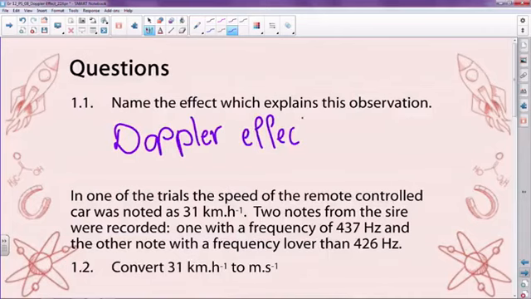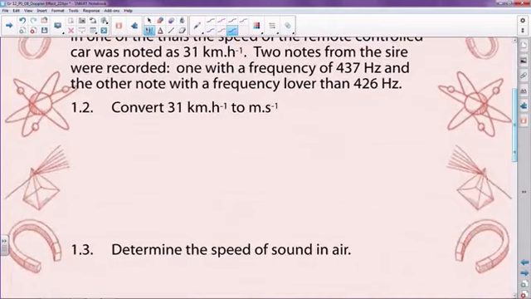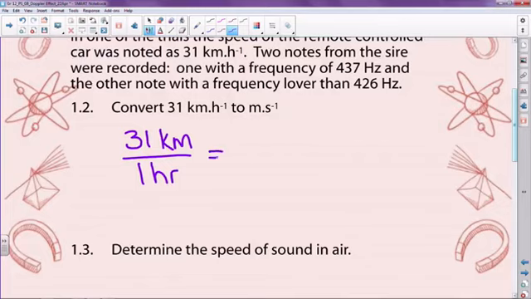Now, when it comes to converting, this is just something you've got to keep at the back of your mind. I want to show you how we do it. 31 kilometers per hour means it's 31 kilometers in 1 hour. To change kilometers to meters, we times by 1,000. So we're going to go 31 times 1,000.